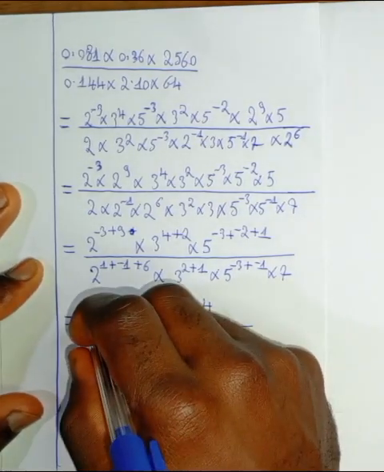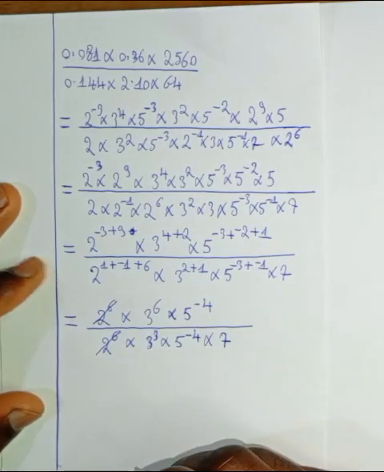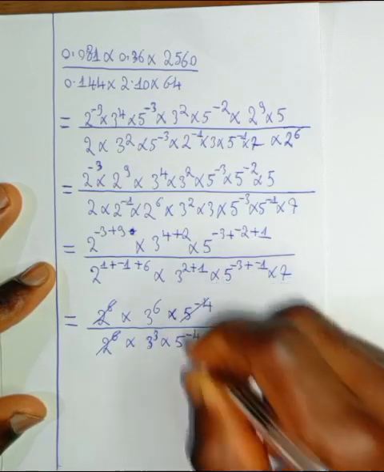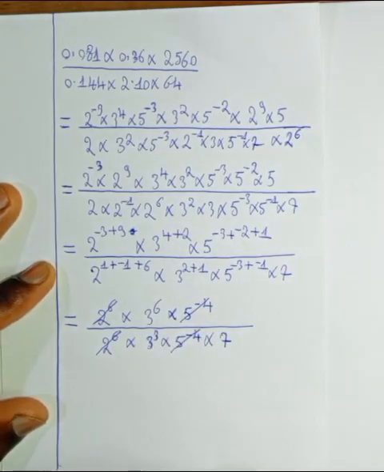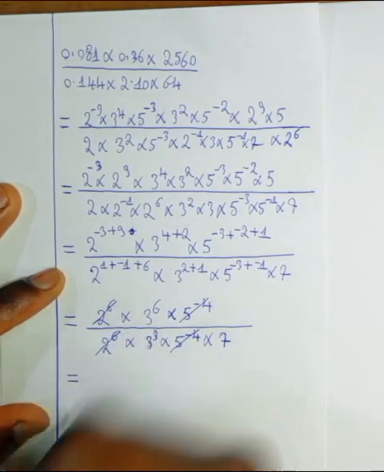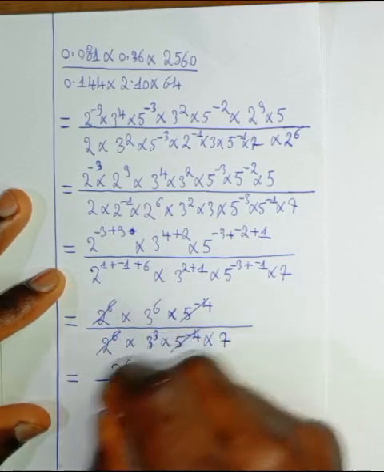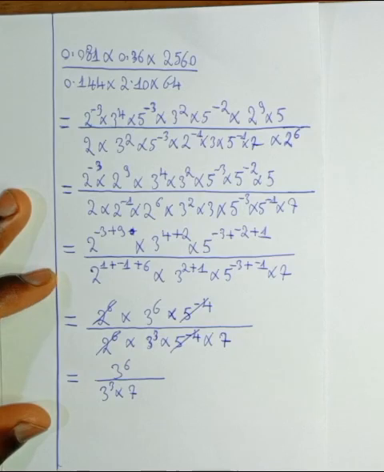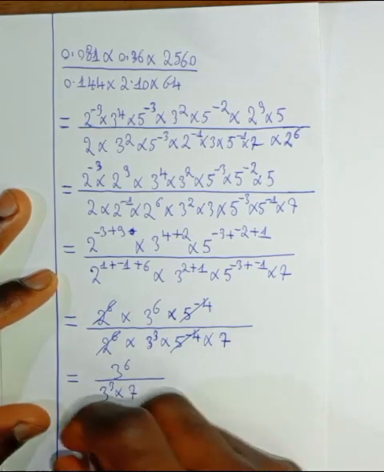See that 2 raised to the power 6 at the numerator will cancel 2 raised to the power 6 at the denominator. 5 raised to the power negative 4 at the numerator will cancel 5 raised to the power negative 4 at the denominator. This will simply be equal to 3 raised to the power 6 all over 3 raised to the power 3 times 7. We can send this up so that we simplify.